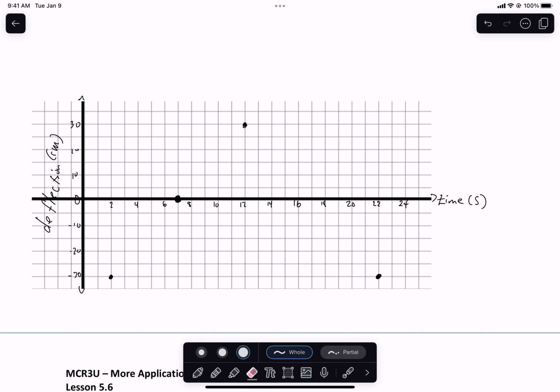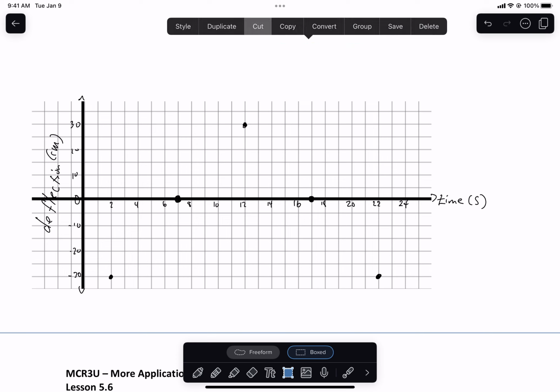And then the same must be true on the other side. So halfway between 22 and 12, we can do that again if you're stuck on it. It's 22 plus 12 divided by 2, right? That's going to be 34 divided by 2, which is 17. Okay, so that's the other point in time where that curve is going to be at 0.